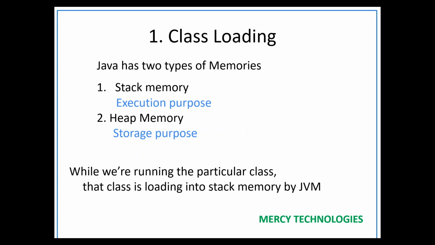Whenever we are running a particular class, it needs to be executed, right? First we compile the Java program using the javac command. Once compilation is successful, we run the Java program by the java command followed by the class name.